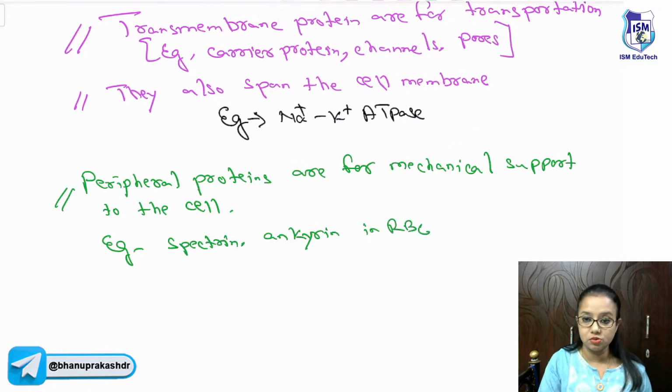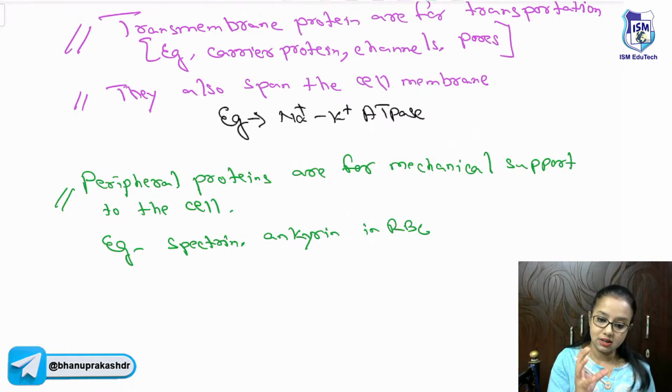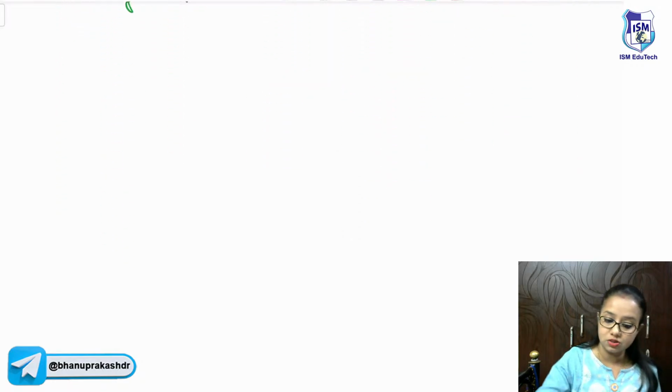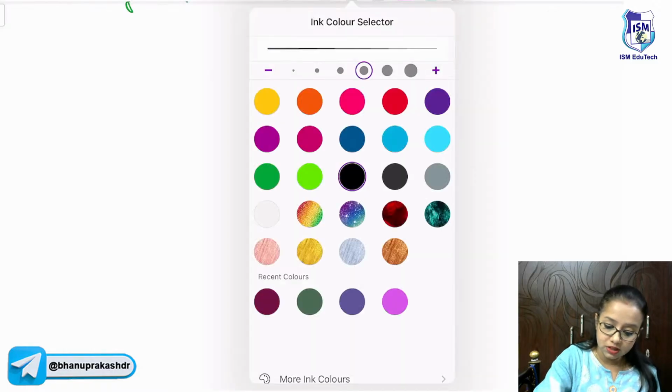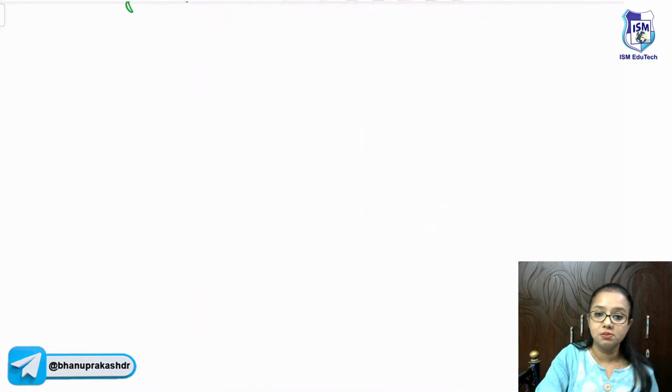The RBC is not round in structure; it has a biconcave shape. So spectrin and ankyrin support the structure of the RBC. They are the structural supporting proteins of the RBC. Okay, these are the components of the cell membrane. Now, as I told you just before this, all this is in context to the primary function of the cell membrane, which is transport across the cell membrane. Now, what are the different types of transport across the cell membrane?